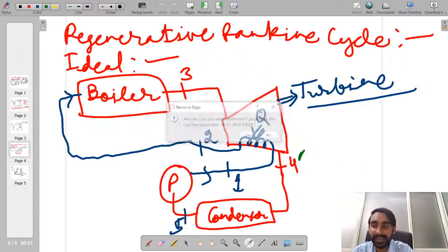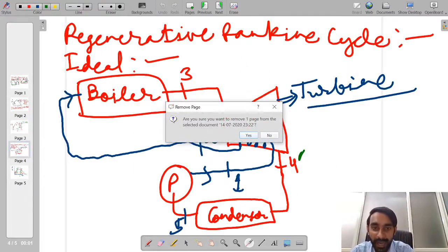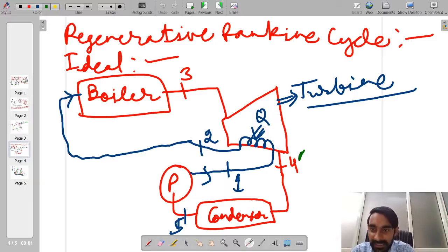Okay, so that's why I can call this point number 2 dash. So it means whatever the amount of heat this vapor has given has actually resulted in a decrease, that same amount of heat has been gained by this liquid over here.